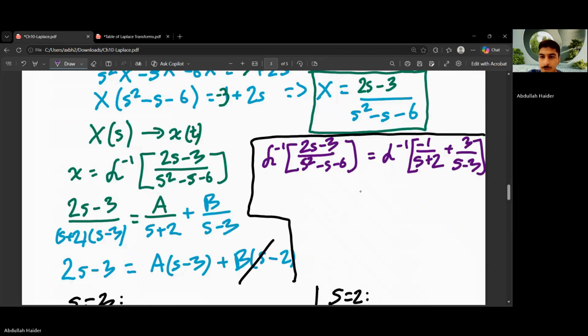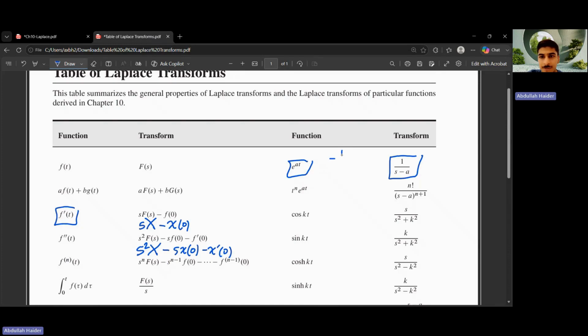So this equals minus 1 over s plus 2. Your a is equal to minus 2, and you take out the negative sign from outside, so minus e to the power minus 2t.